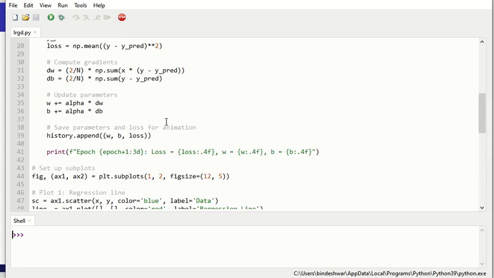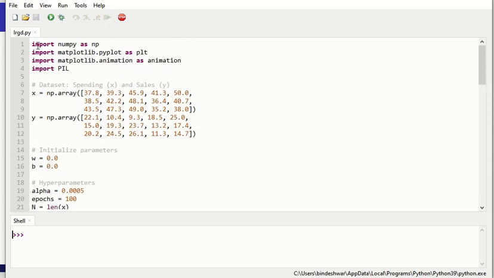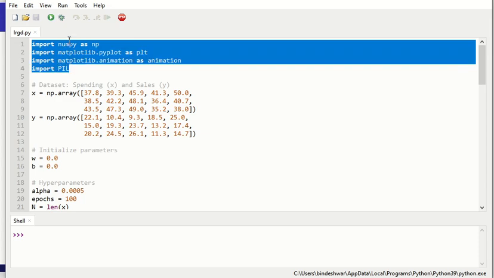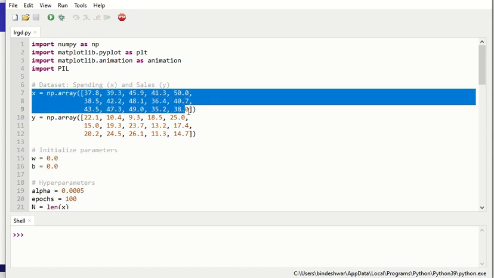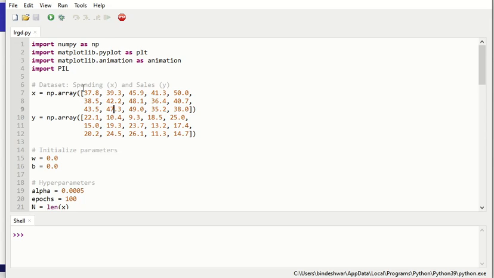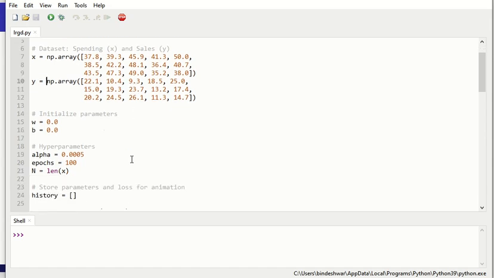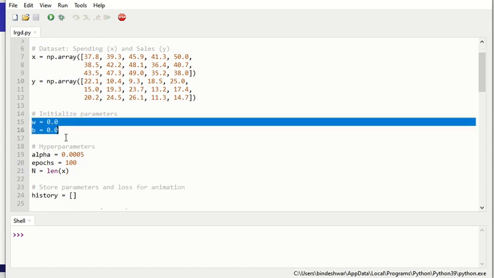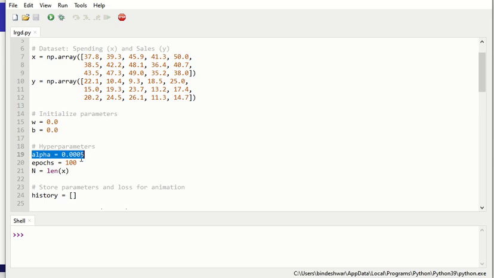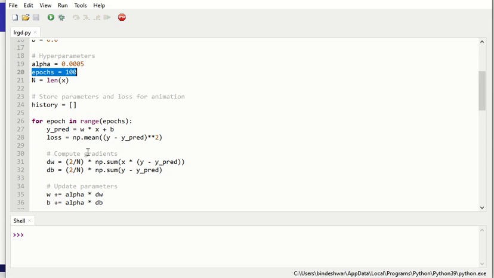Now let us see the code, that is very important. So code here, libraries I have imported NumPy, Matplotlib and PIL, and the dataset of 15 points we have taken, that is X and that is Y. X is spending, Y is sales. W, b parameters initialized, alpha, that is the learning rate, number of epochs, that means how many times the same data set you will pass to the model. Length of x, history you will store.